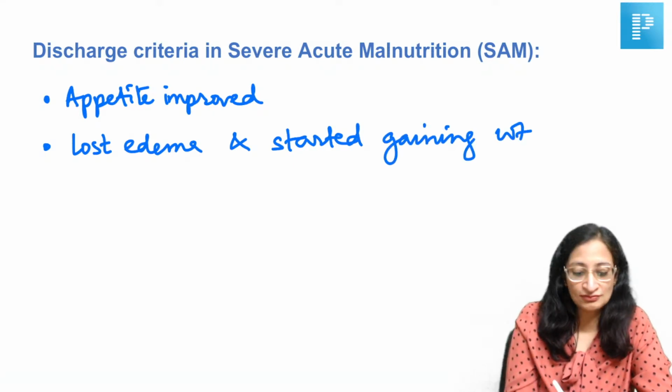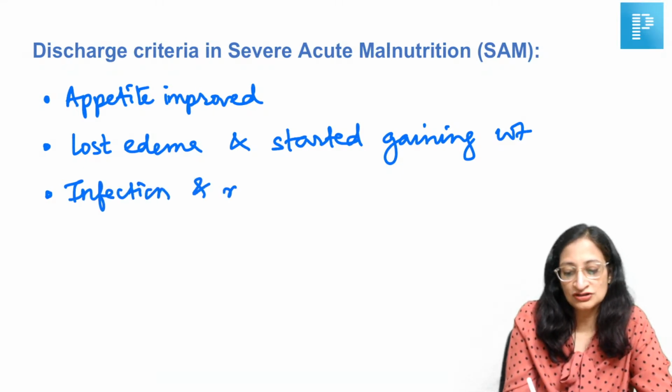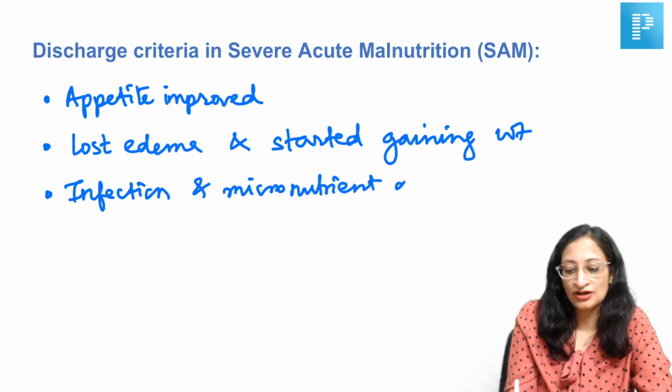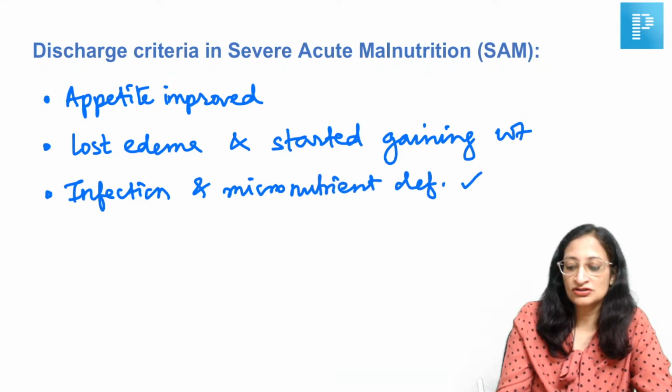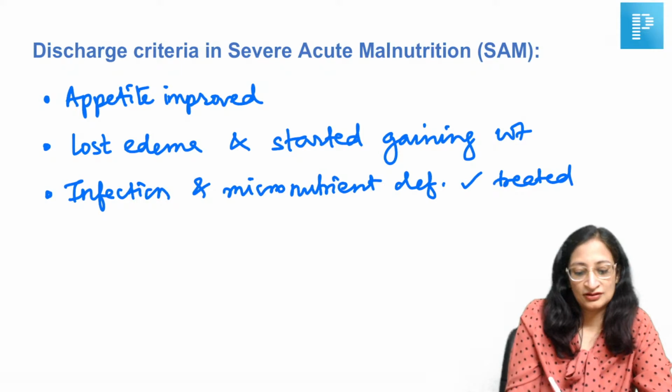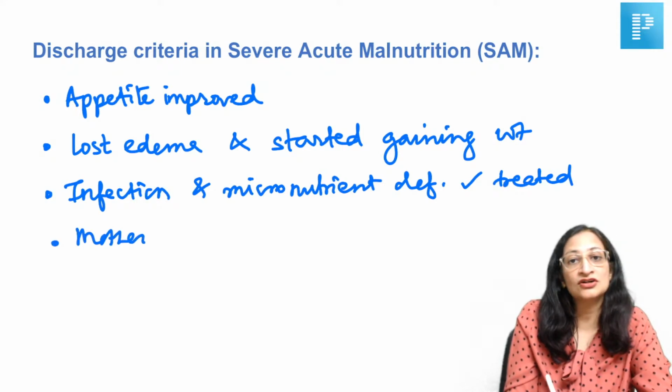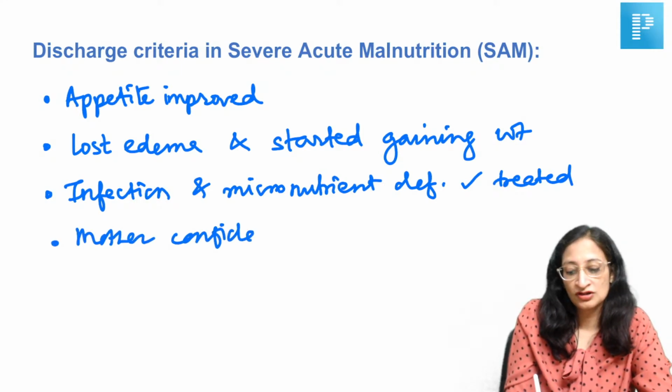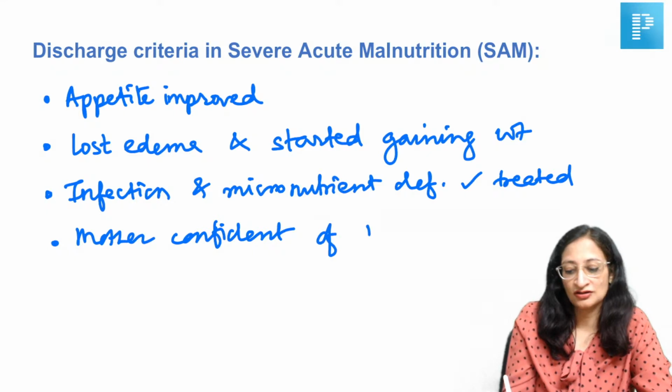All infections and micronutrient deficiencies should have been taken care of, and the mother or the caregiver is confident of taking care of child at home. So these are the discharge criteria.